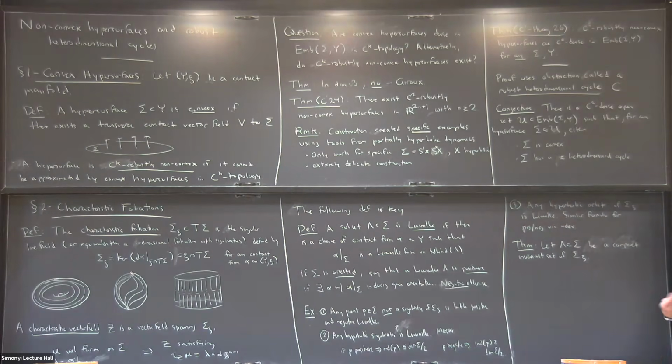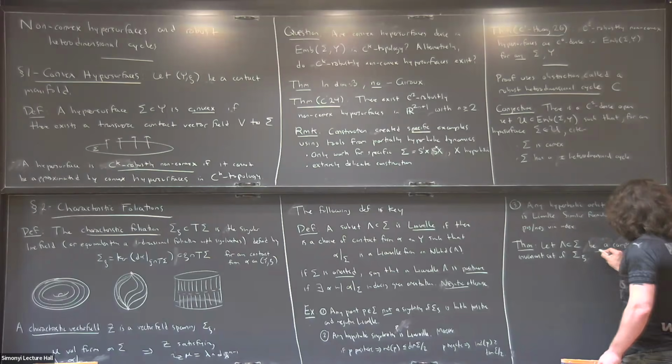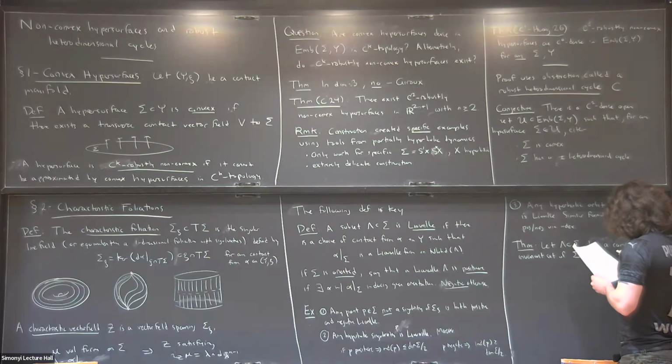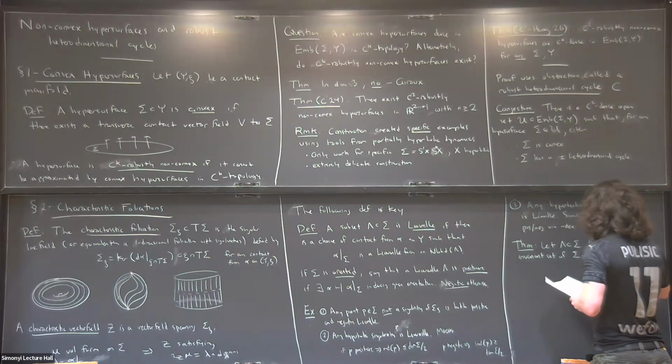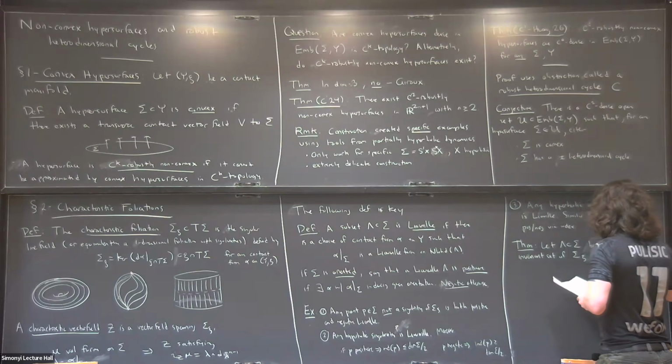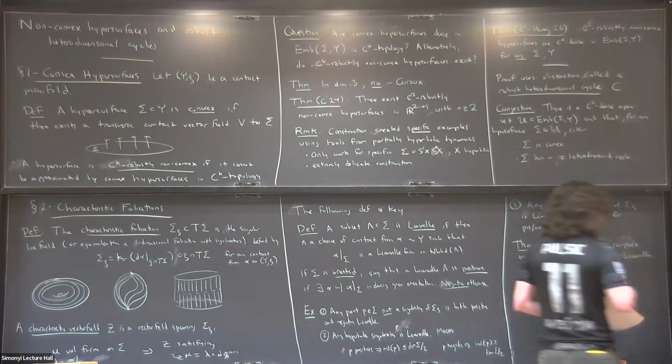So let's say I have a compact invariant set. And let's suppose that Lambda is Liouville. Okay.